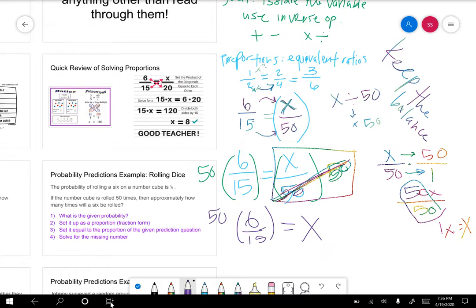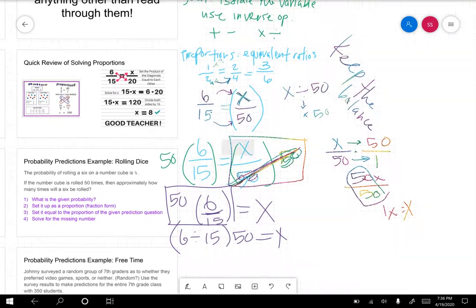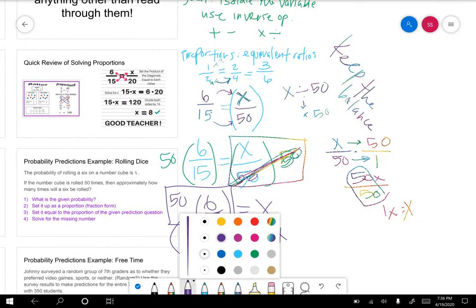That's what the little fraction line means. So 6 divided by 15, and then multiply that number by 50, right? It's the same thing as this, equals x. Now, if we do that in our calculators, we will get a grand total of, let's use red, sure.